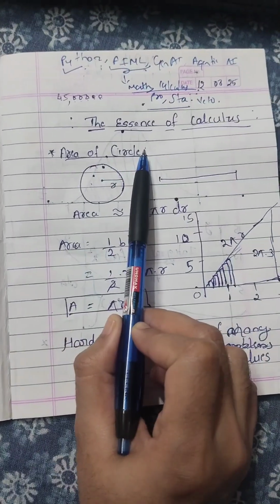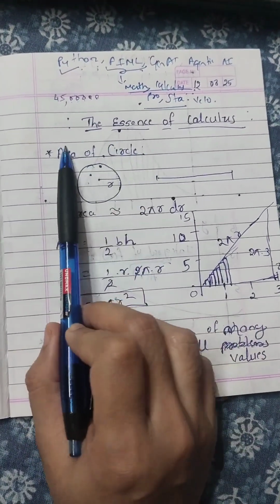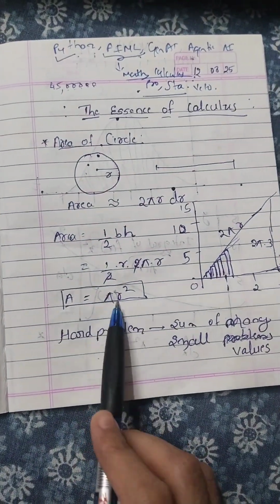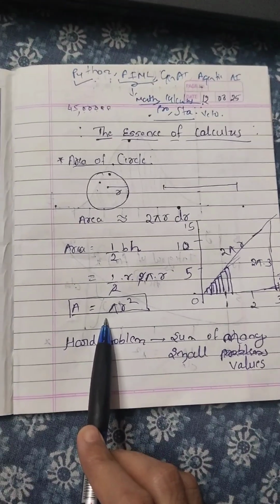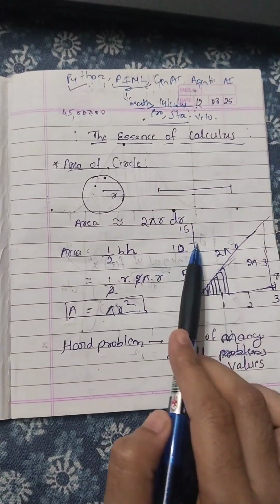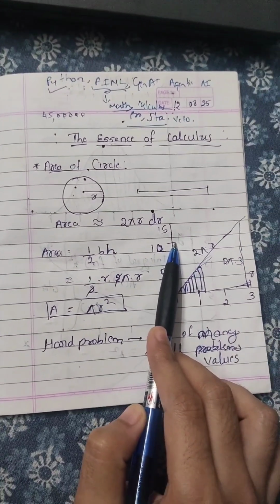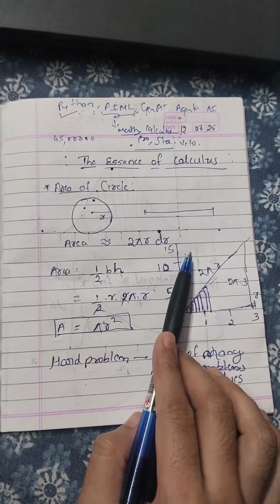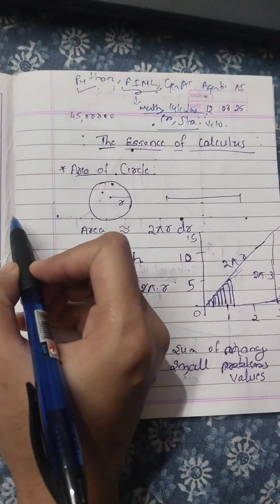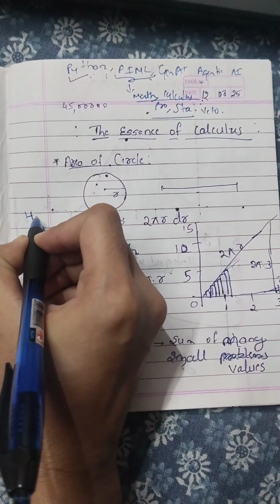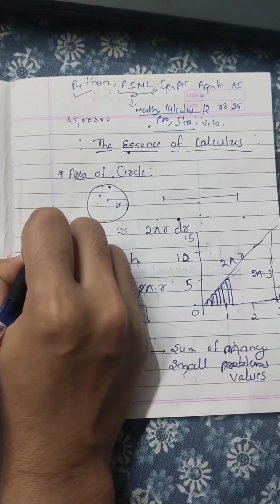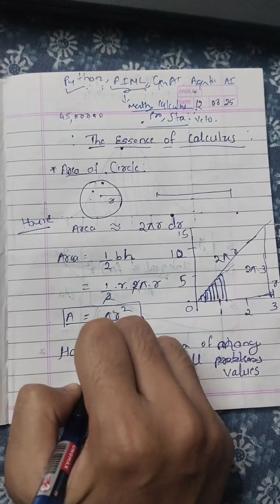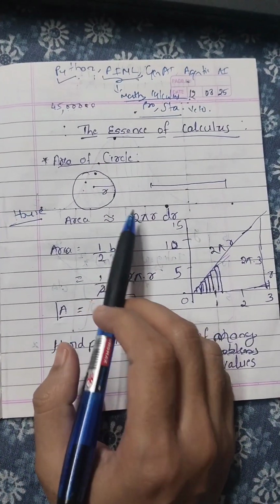First is the area of the circle. We are not only covering the formula, but we are discussing how it came, to understand the maths practically and deeply. Whenever you are building a house, you are calculating the area.